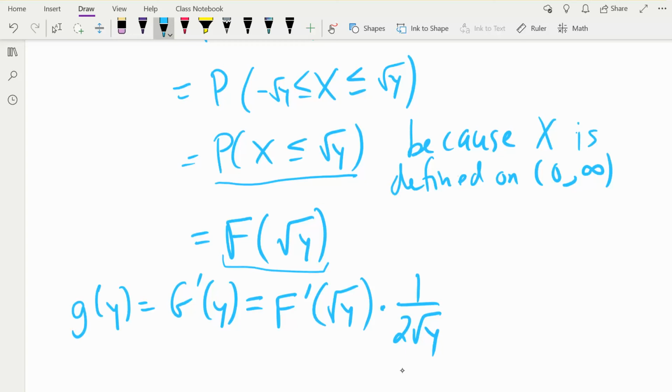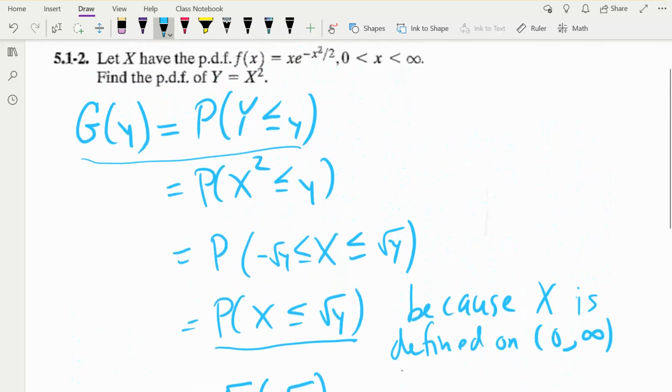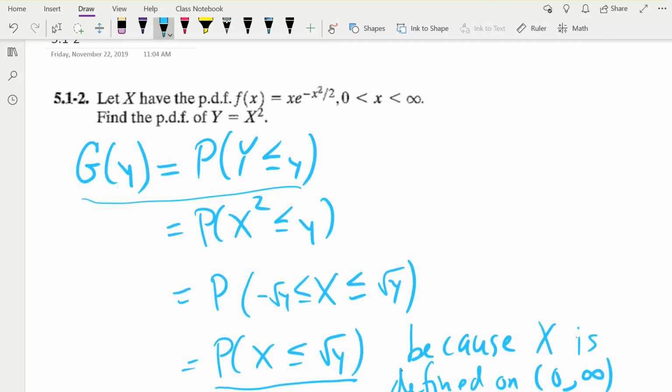And now this piece here, what is capital F prime equal to? Yeah, the little f, the PDF, right? We agree? Okay. So going back up here, the PDF was x e to the minus x squared.